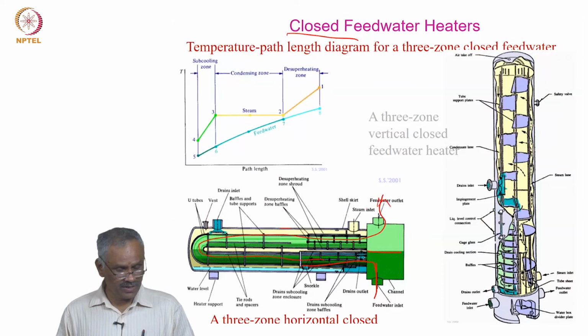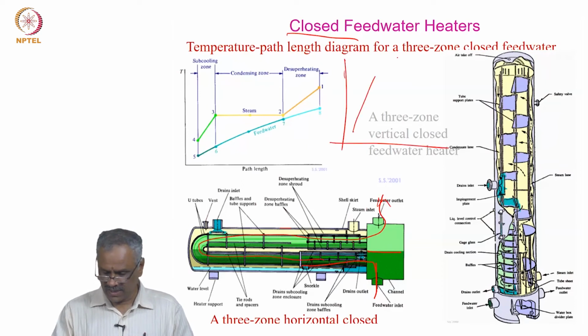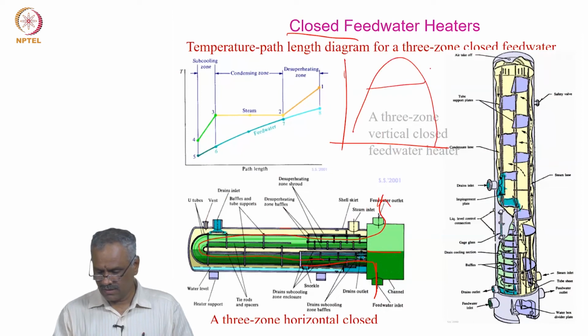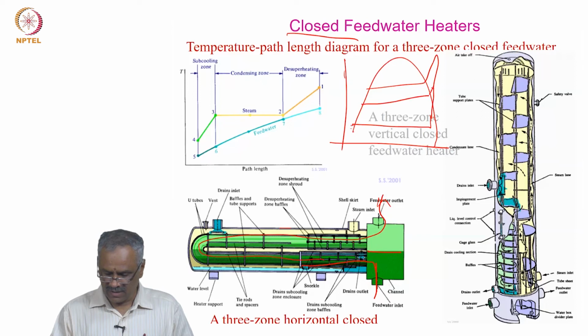Where it is used, you have a cycle. I have given one problem. Assume that steam is taken here and cooled here, and then it comes here, and this is the heat addition. This is the feed water heater.